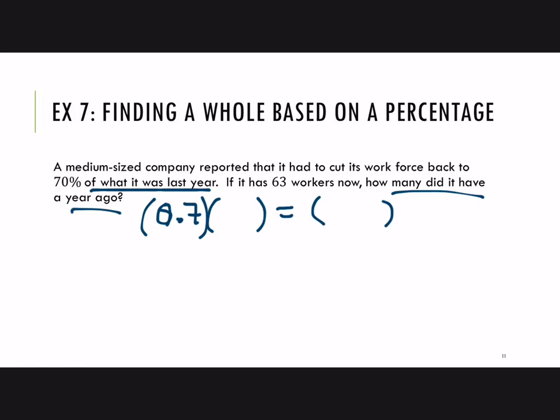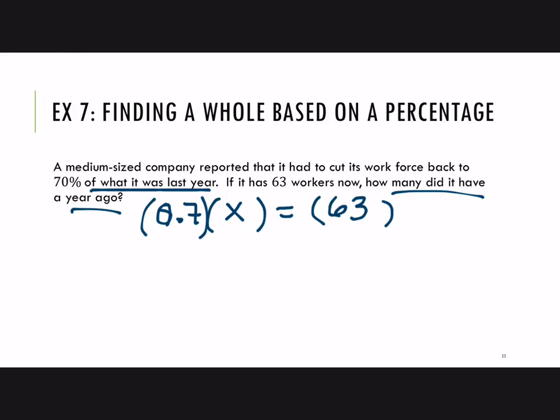That's what we're trying to solve for. So that part is the variable in the equation. Okay, and then they cut back to 70% of what it was last year, and that's what they currently have. So when they did that, 70% of last year's total number of workers is the number of workers they have now, 63.